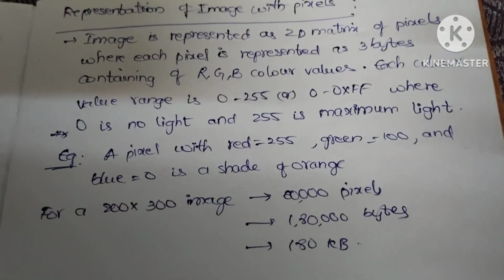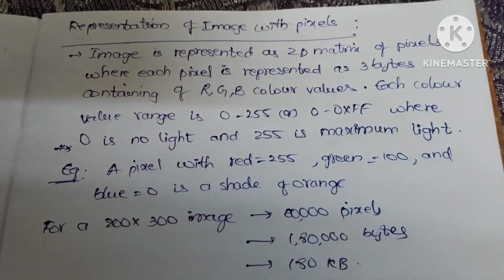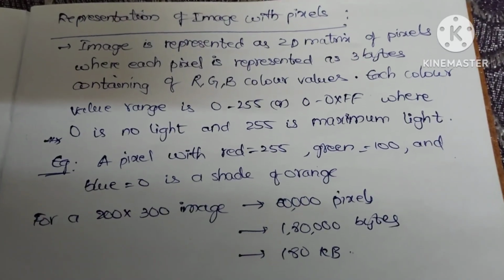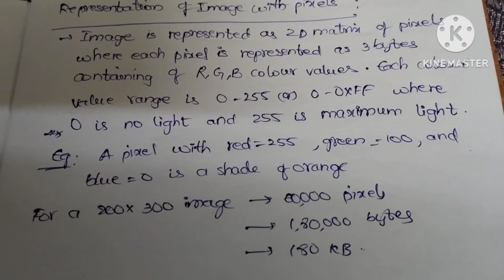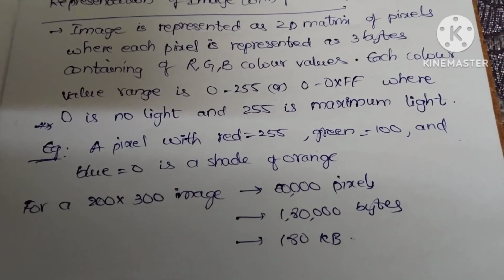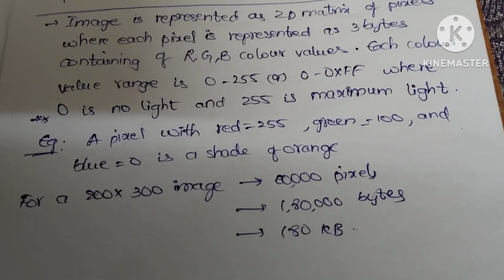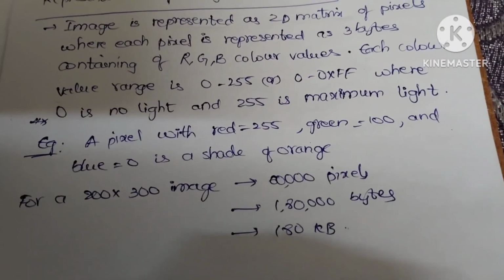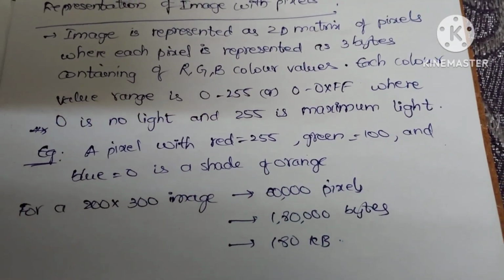The next topic is representation of an image with pixels. An image is represented as a 2D matrix of pixels where each pixel is represented as 3 bytes containing RGB colors. Each color value ranges from 0 to 255 or 0 to 0xff, where 0 is no light and 255 is maximum light.